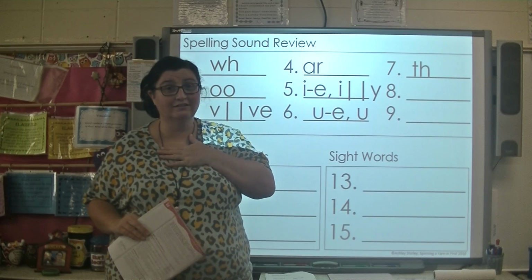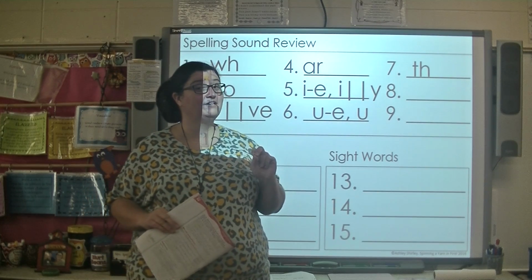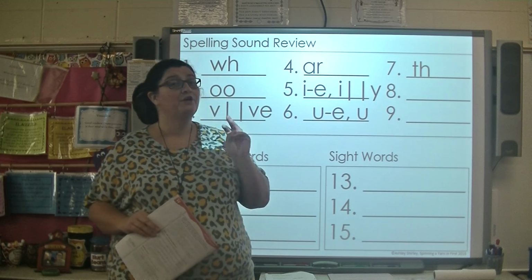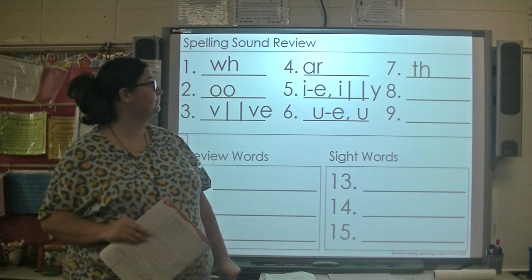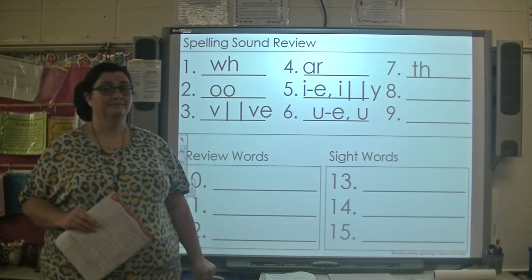Yes. Two ways we've learned in the initial position. Three ways we've learned in the final position. Write them.